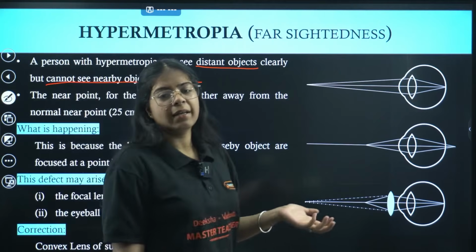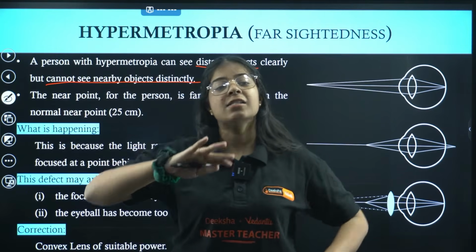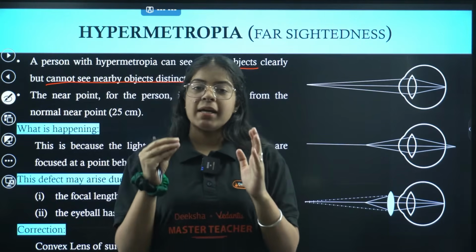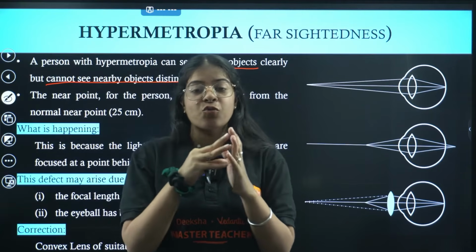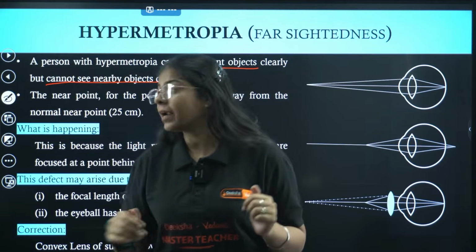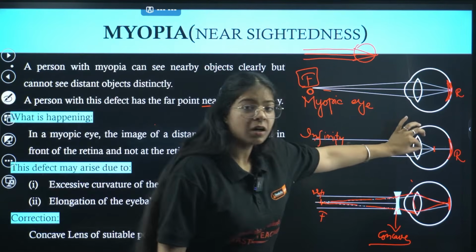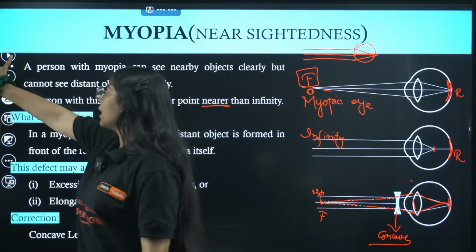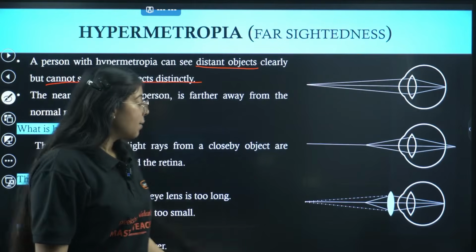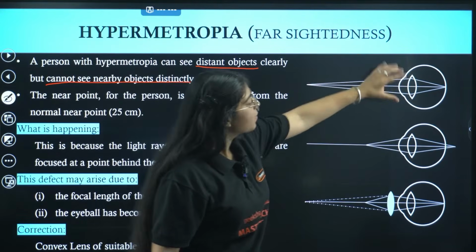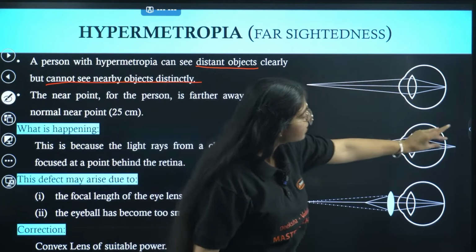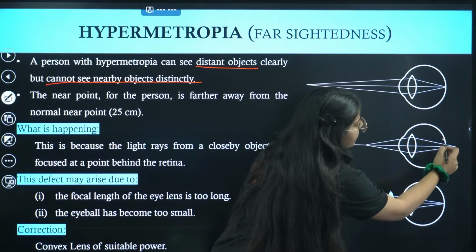In myopia, my eye lens was focusing the rays before the retina. Now in hypermetropia, my lens is focusing these rays behind the retina. This is our retina.